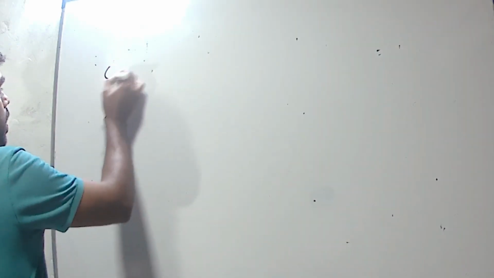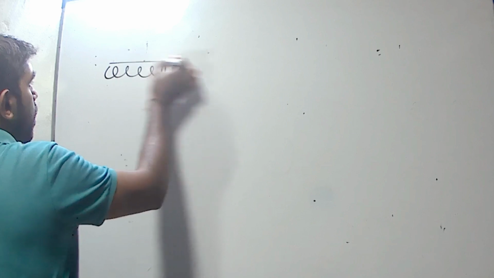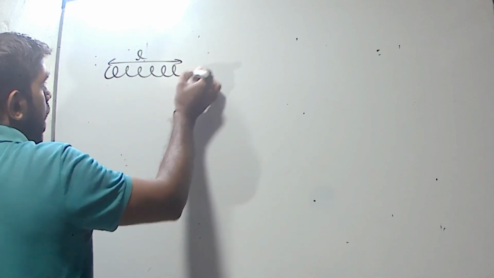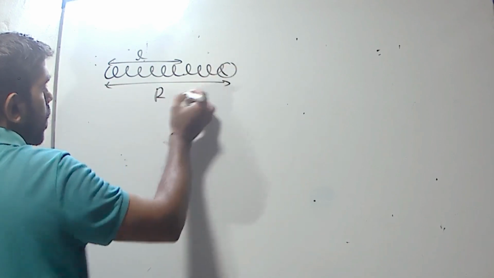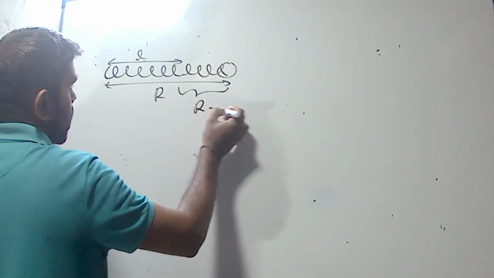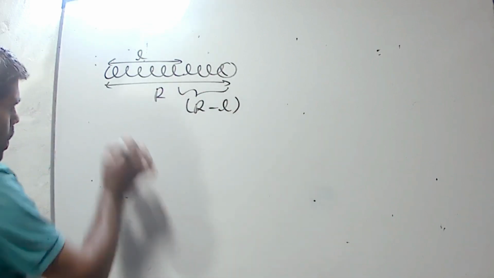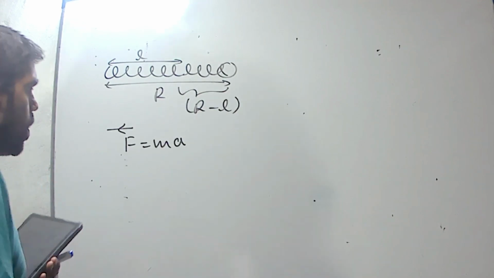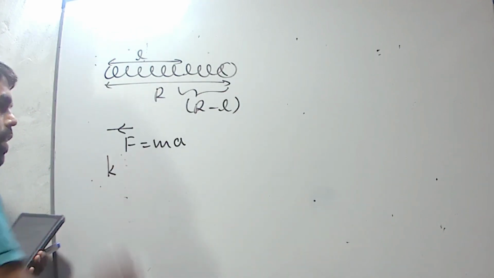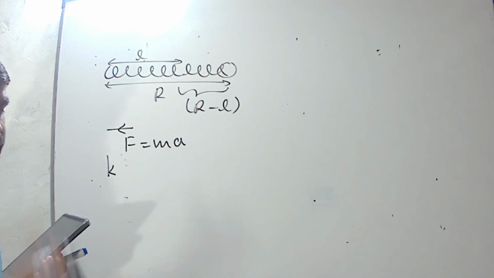Initial length is L. When rotating, its radius is capital R. Therefore, the increase of length is R minus L. We can use F equals ma towards the center. Force is K times extension.